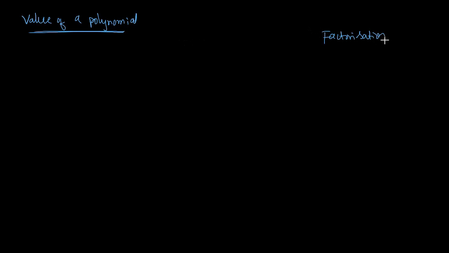Factorization is a must. The reason I am saying this is, if I take x square minus 4, I can factorize this into x square minus 2 square, which is a square minus b square. So that means x plus 2 into x minus 2. This you have learnt in previous standards. So these are the two factors.